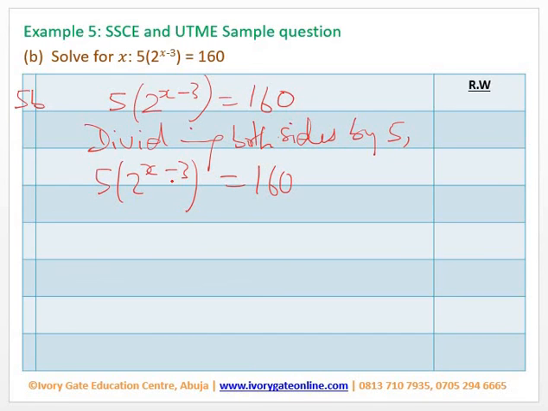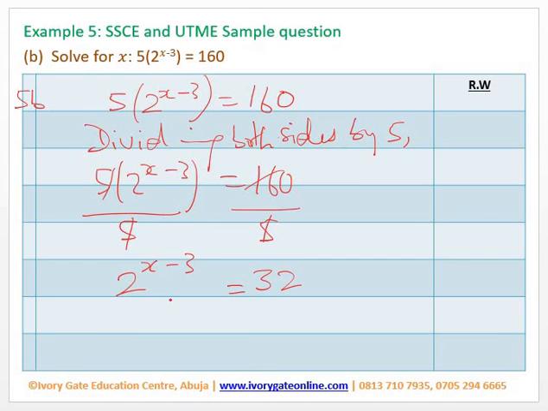Remember, whenever you have a sign of equality, whatever you do on the left hand side, you do the same on the right hand side. So divided by 5, divided by 5. This cancels to give us 2 raised to power x minus 3 is the same as this: 5 into 160, 3 times into 10, 2.